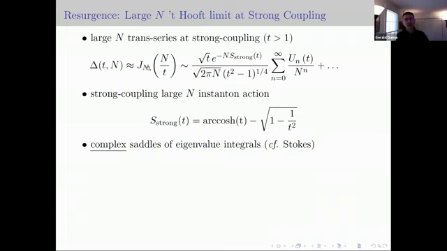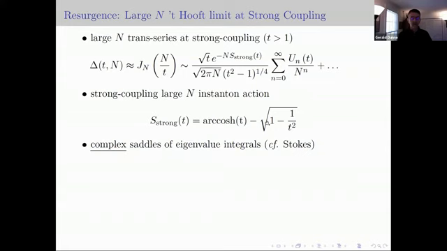There's this so-called Debye approximation, which has this exponential form here with corrections. And this strong coupling instanton action, in physics lingo, would be this particular function here, which you can just get from the Debye expansion, just from studying the Bessel equation.